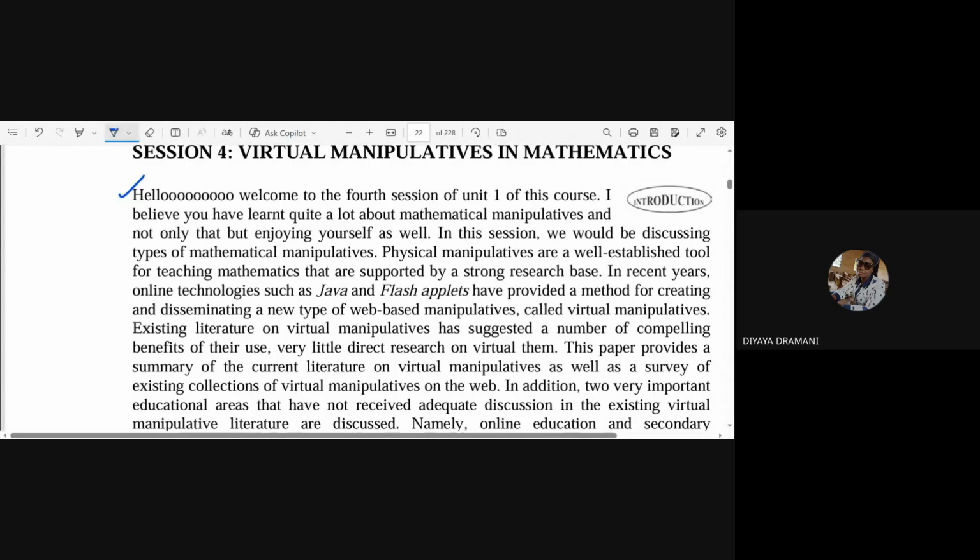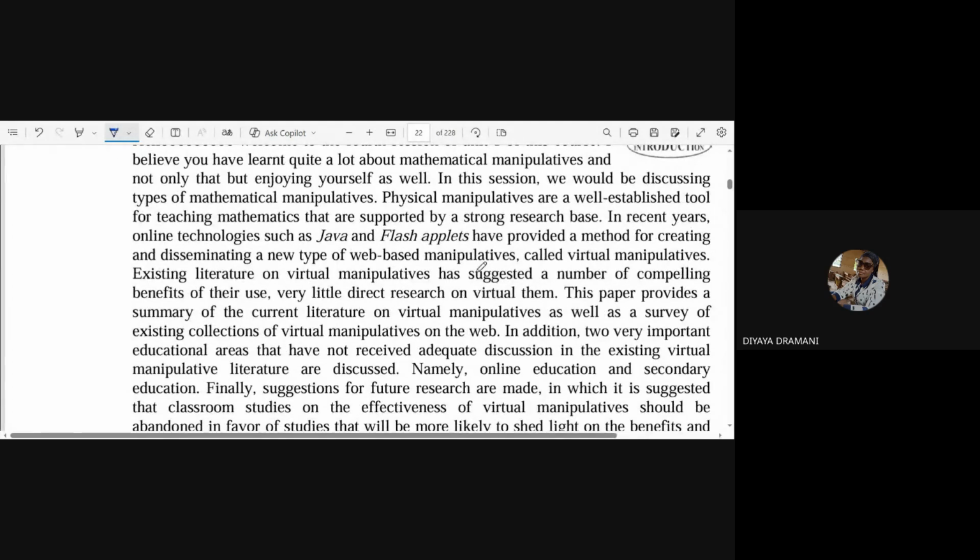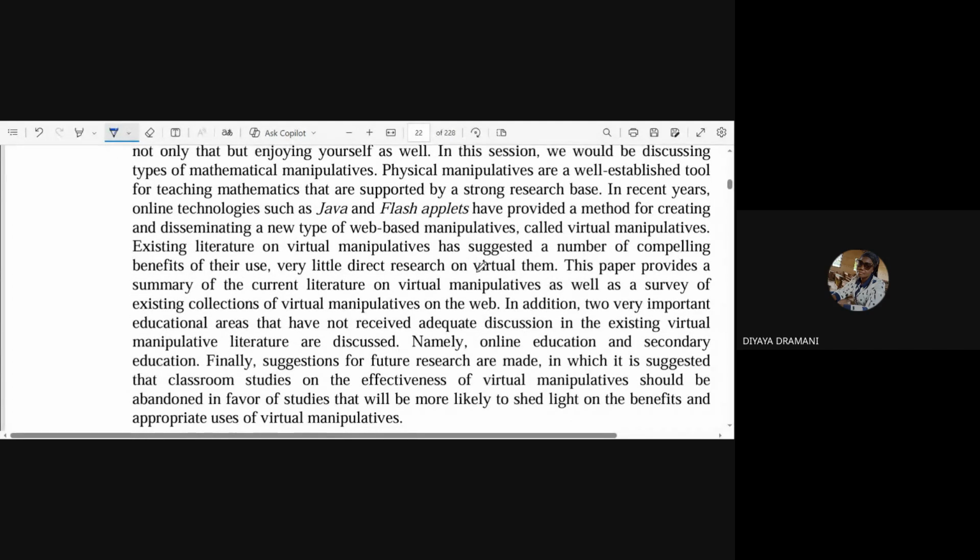Existing literature on virtual manipulatives has suggested a number of compelling benefits of their use. There is very little direct research on them. This paper provides a summary of the current literature on virtual manipulatives as well as a survey of existing collections of virtual manipulatives on the web.